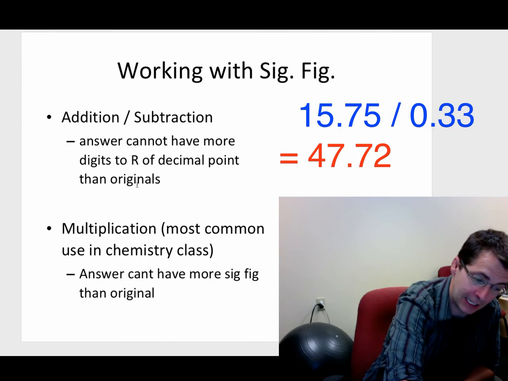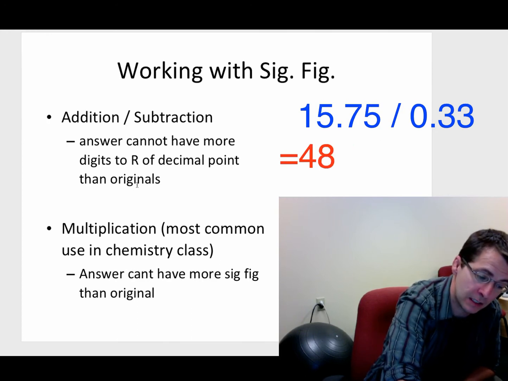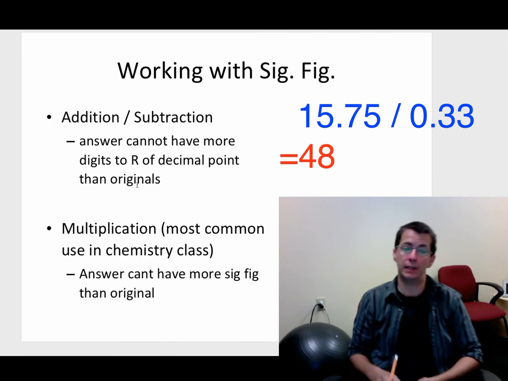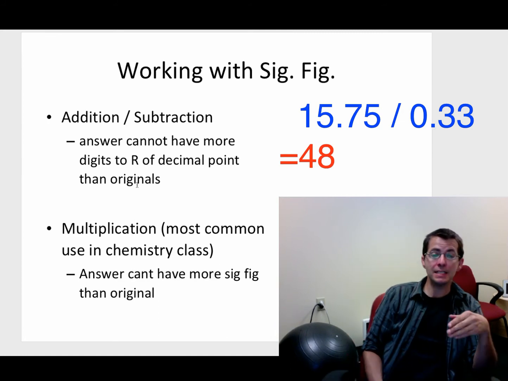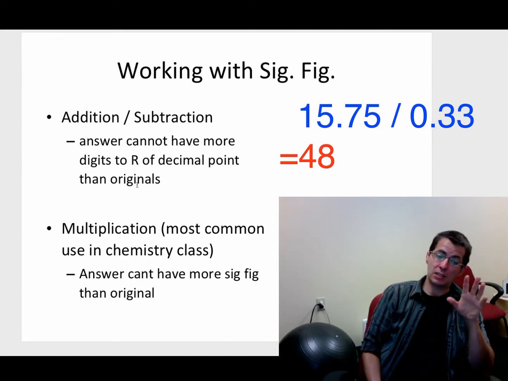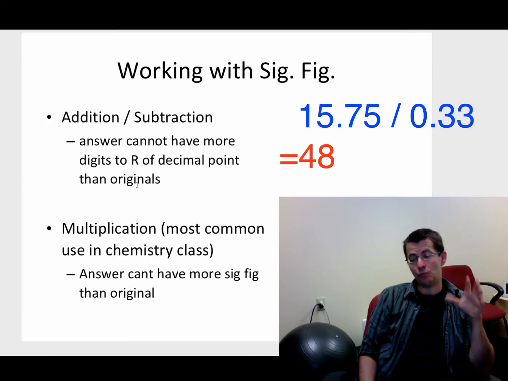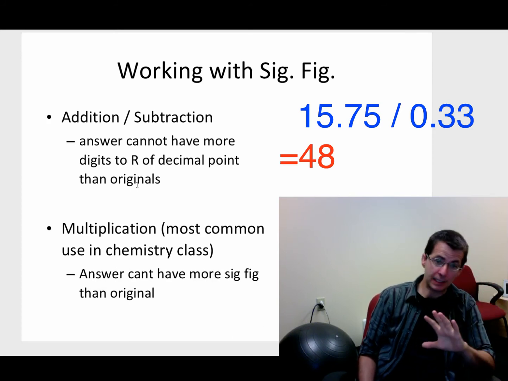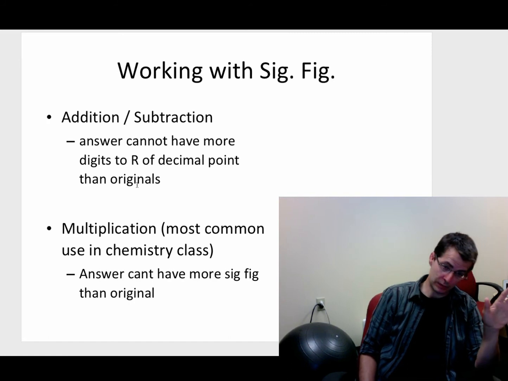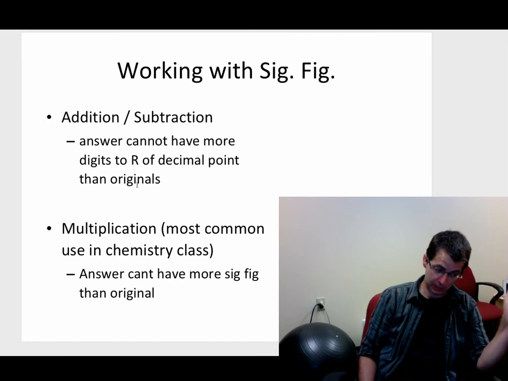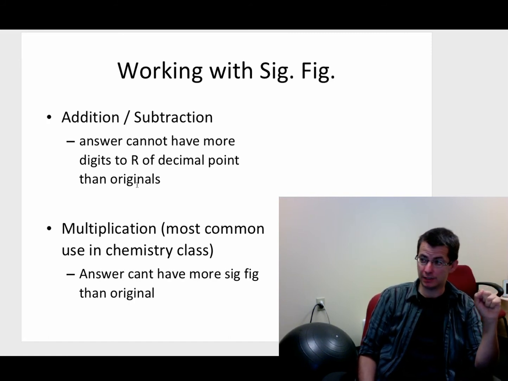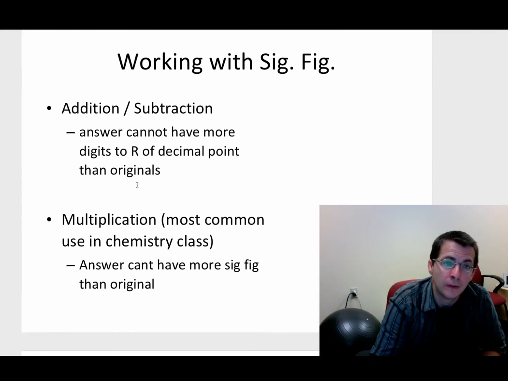So our answer cannot have more than 2 sig figs. 48 would be our answer. What this means, the practical side of this, when you're dealing with your calculations, always carry 1 extra sig fig until the end, and then round appropriately to obtain the correct number of sig figs. You start with 3, end with 3.